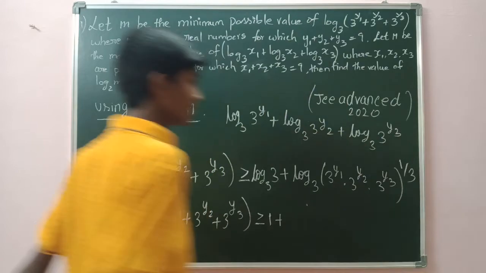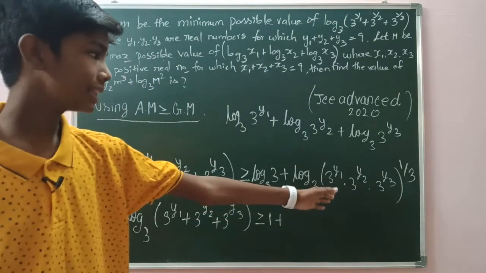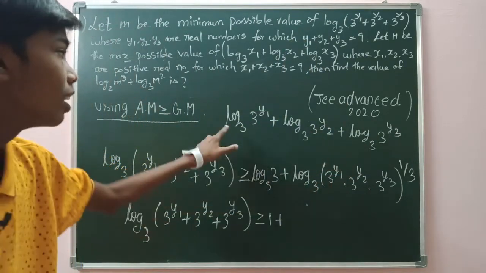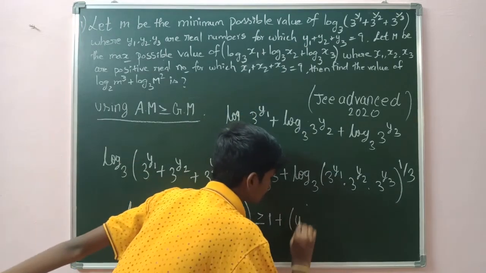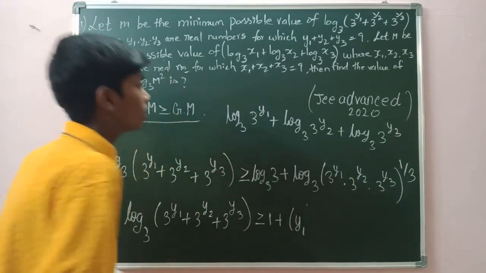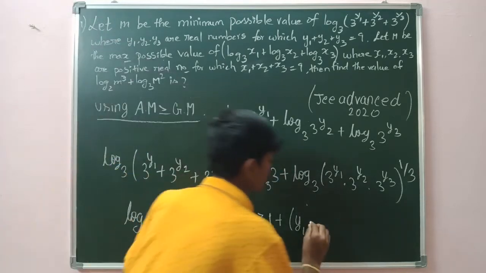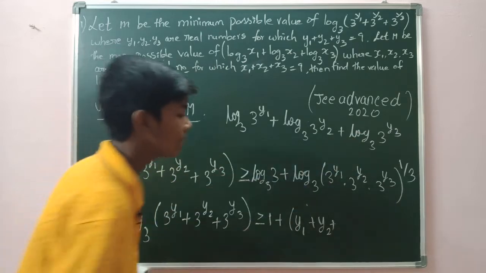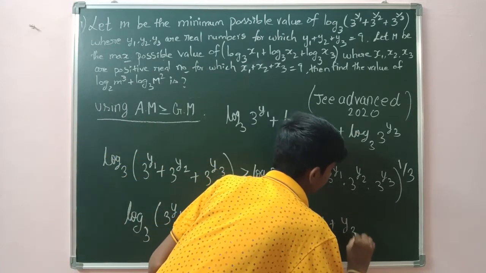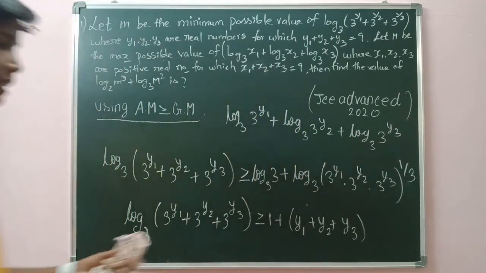Can I write like this? Think carefully and say, log properties. Hence log to the base 3 of 3 power y1 will be y1 only. Log to the base 3 of 3 power y2 will be y2. Then log to the base 3 of 3 power y3 will be y3. Simple things now. Simple properties.